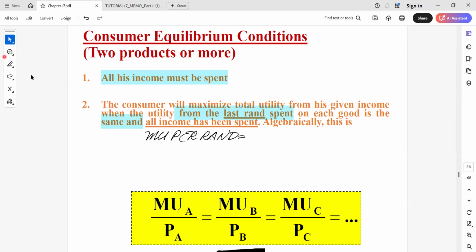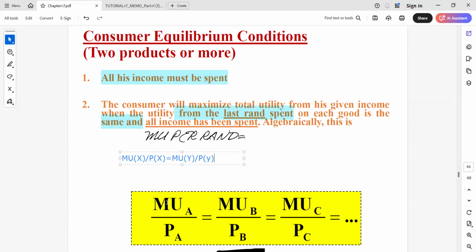But this is the formula that I'd like to give you guys. Your marginal utility for good X, I'll just put the good X in brackets, divided by the price of good X, must be equal to your marginal utility for good Y divided by the price for good Y. I'm just going to use two goods.